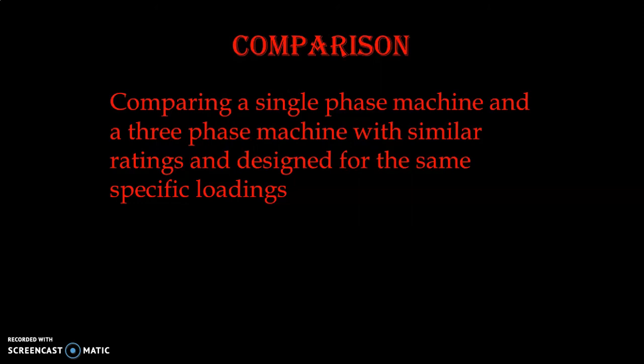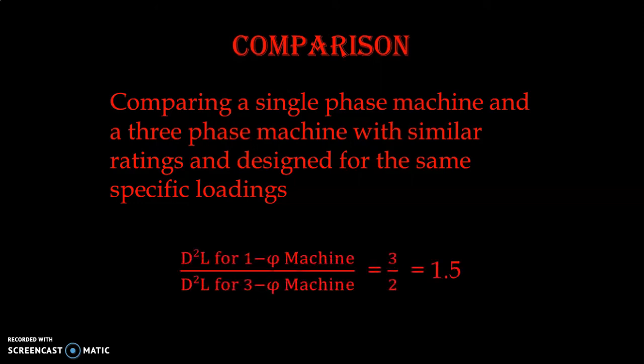So synchronous speed is the same, specific loadings are the same, and output ratings are the same. Then we can compare the size of single phase induction motor with three phase induction motor. We take the ratio of D square L for single phase machine and D square L for three phase machine, and we have a ratio that is 3 by 2, or 1.5.